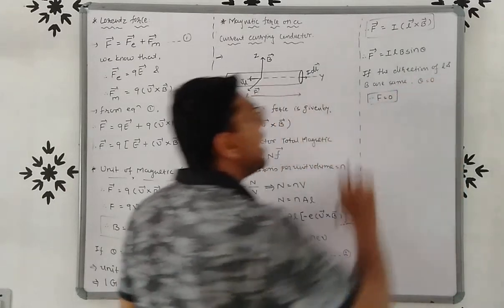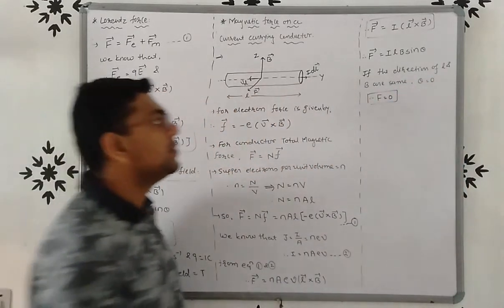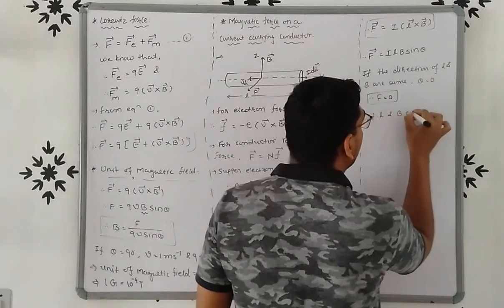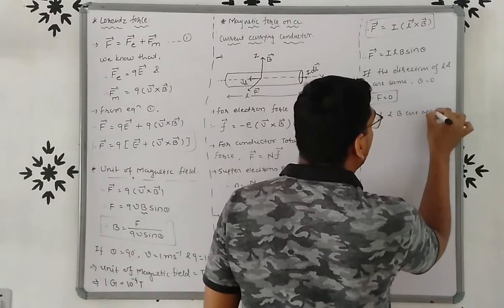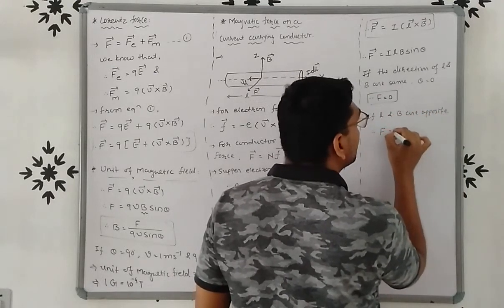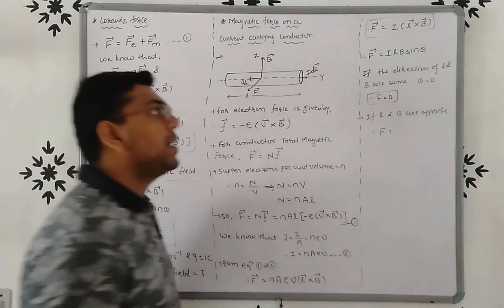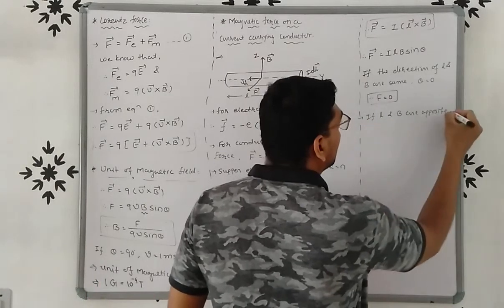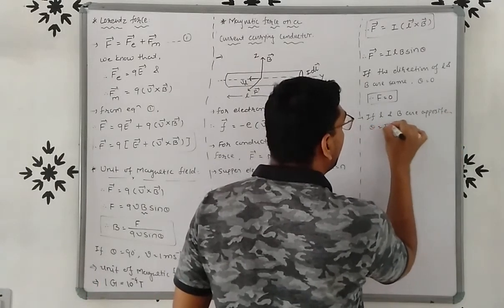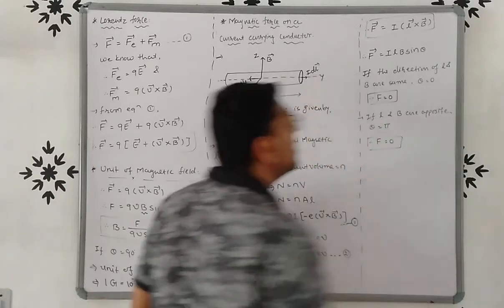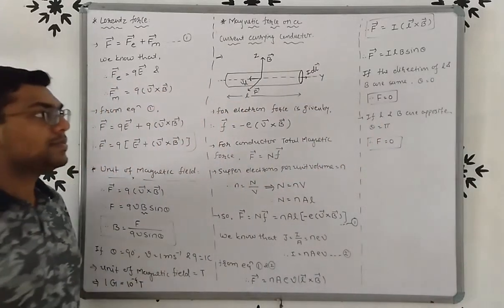If L and B are opposite, then theta is equal to pi, sin pi is 0, so force will be 0, right?